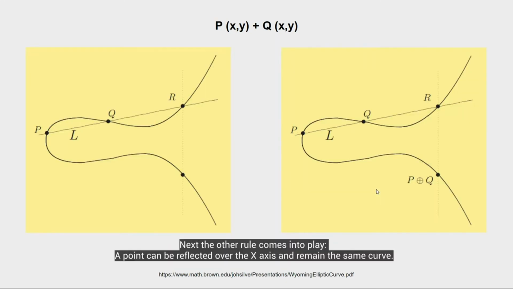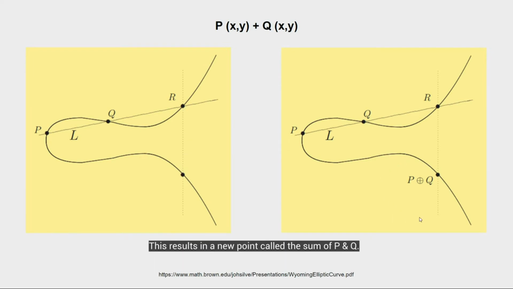Next, the first rule we discussed comes into play. A point along the curve can be reflected over the x-axis and remain along the same curve. And this results in a new point called the sum of P and Q, denoted by the plus sign with a circle around it.